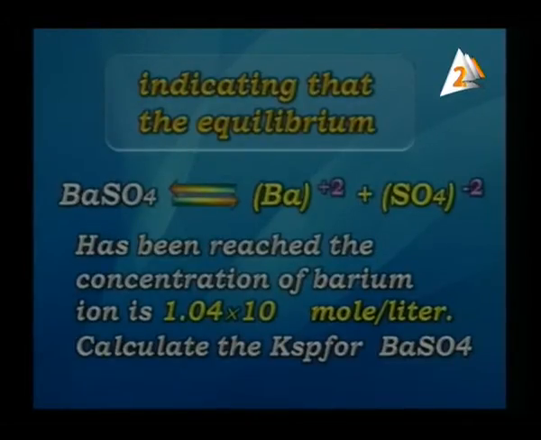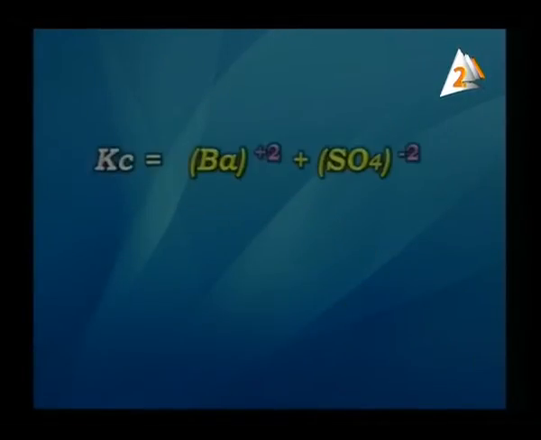Now, what do you have? Find Ksp, the equilibrium constant for solubility, for BaSO4. Now, concentrate on this. Kc, the equilibrium constant of concentration, equals Ba positive 2 times SO4 negative 2.